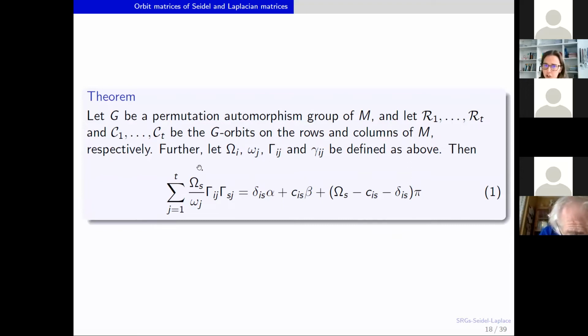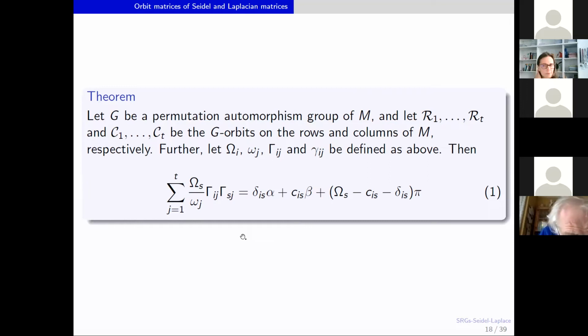If you take G to be a permutation automorphism group of M, I remind you that M is now the Seidel, Laplacian, or signless Laplacian matrix, and if you denote with R1 up to RT and C1 up to CT the G orbits on the rows and columns of the matrix M respectively, and if you take capital omega I, capital gamma ij and gamma ij to be defined as I explained above, then this expression holds.